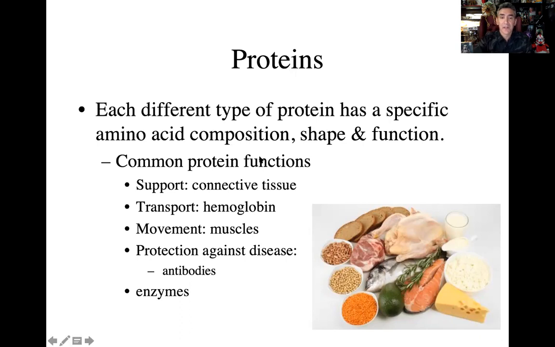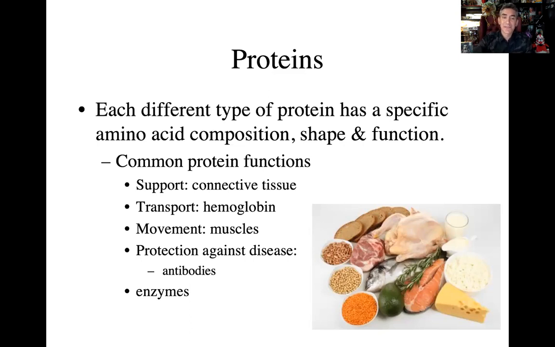So we're going to have some supportive proteins that support the body, a lot of connective tissue, things like ligaments, tendons, skin, a lot of proteins that help make our body shape the way it is. Transport proteins, which things like hemoglobin that transport oxygen throughout the body. Movement proteins like muscles that can contract and stretch and relax, generating force.